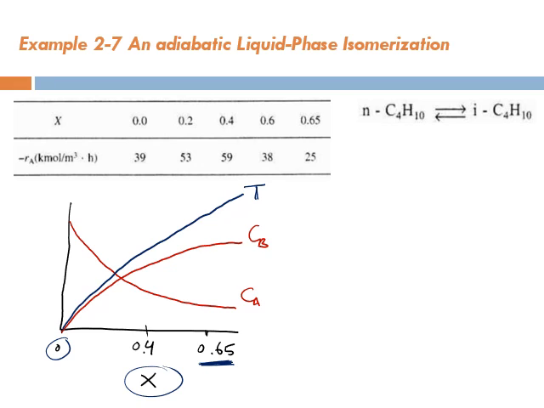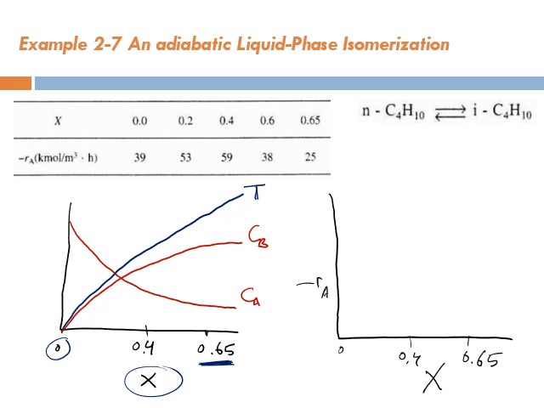So how will the change in these variables affect the rate of reaction? Now we have minus Ra versus x, and again this x is 0, this x is 0.4 and this is x 0.65.